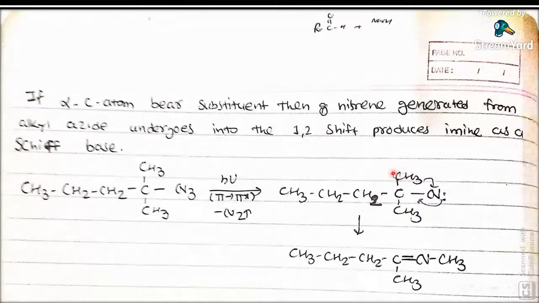That CH3, which is again a radical, will combine with the NH radical, and as a result you will get this species, and this is called the imine species, and this is called a 1,2 shift. It means from the first position, that CH3 group has moved towards the second position. So it is called the 1,2 shift. And it is the imine, and this reactant is being used as a Schiff base.